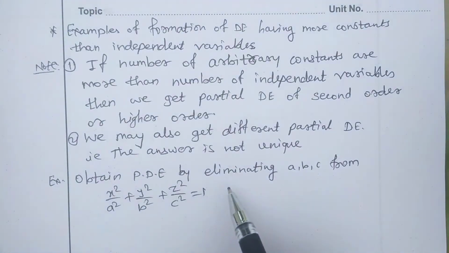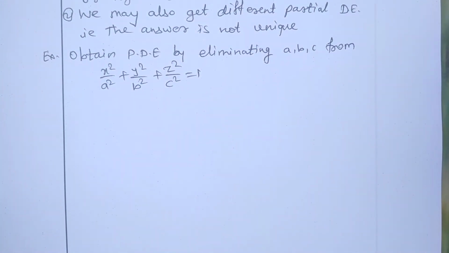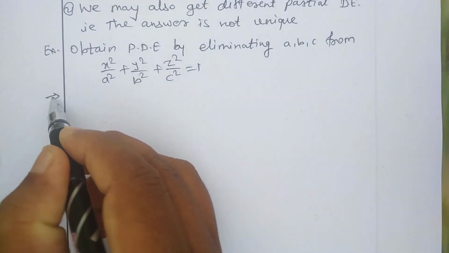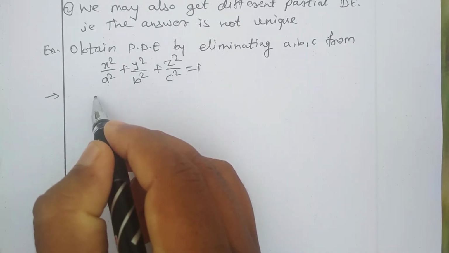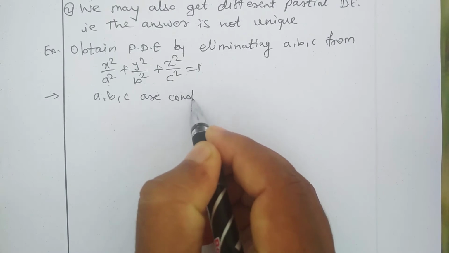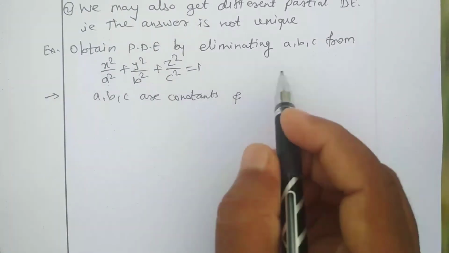Obtain the partial differential equation by eliminating a, b, c from the equation x square upon a square plus y square upon b square plus z square upon c square equals 1. See here there are three constants a, b, c. And which are the two independent variables?